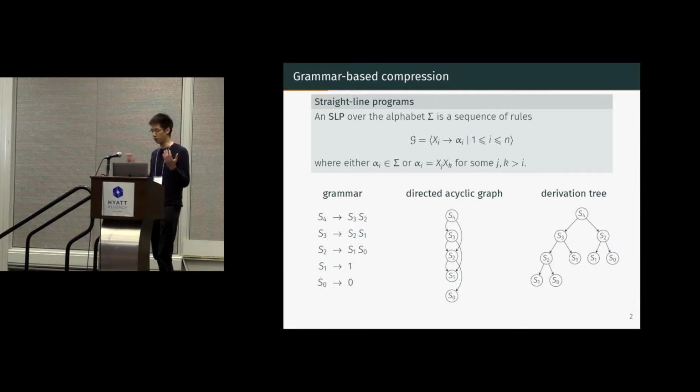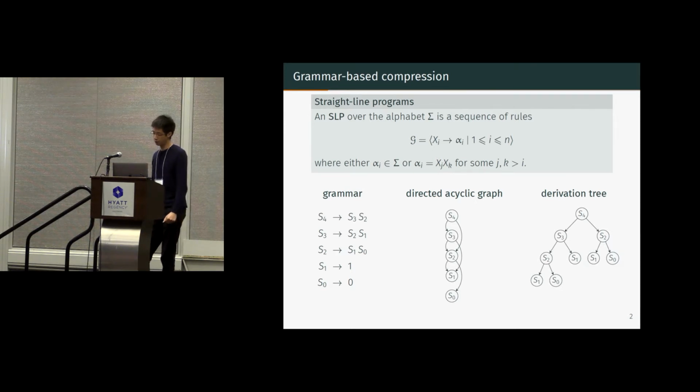In general, I have three viewpoints of these SLPs. The first one being grammars, but we can also view them as graphs. Let's define the following directed acyclic graph, or DAG, where we introduce a node for every variable in the grammar. The terminal nodes are the variables which derive terminal symbols. These are the sinks in the DAG. The other rules correspond to nodes which have a left edge and a right edge, pointing to the variables on the right-hand side.